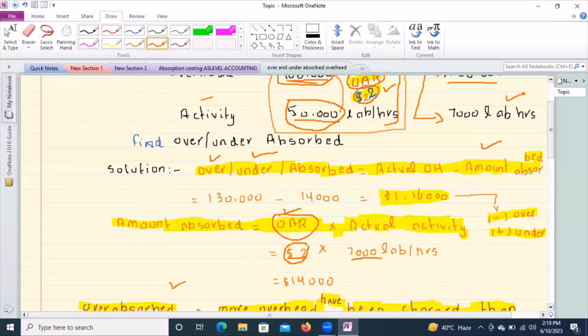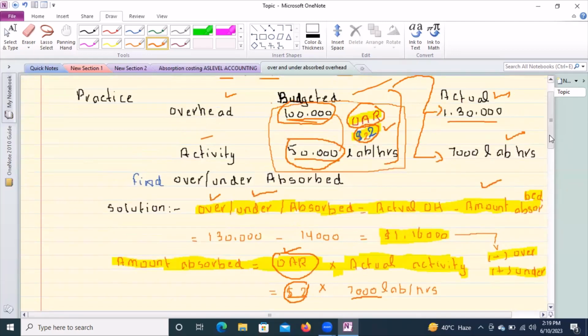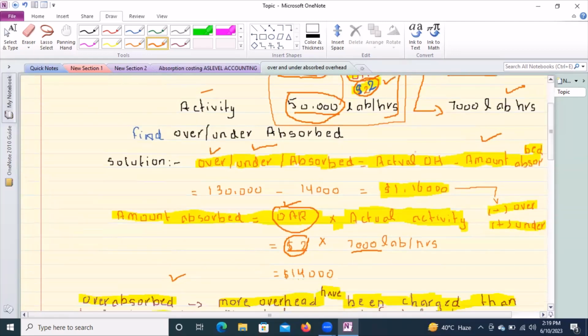overheads. We know that our actual overhead is basically 1,30,000 minus amount absorbed, 14,000. So we basically have 16,000. We have a $16,000 answer. So what does it mean?